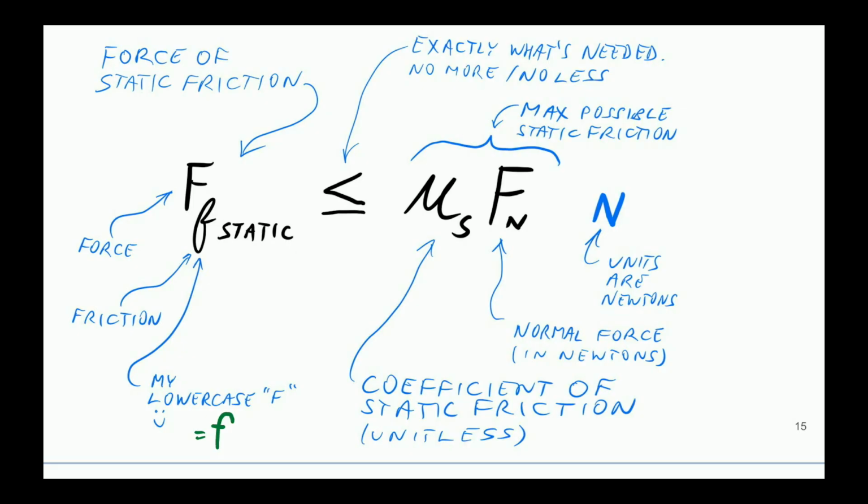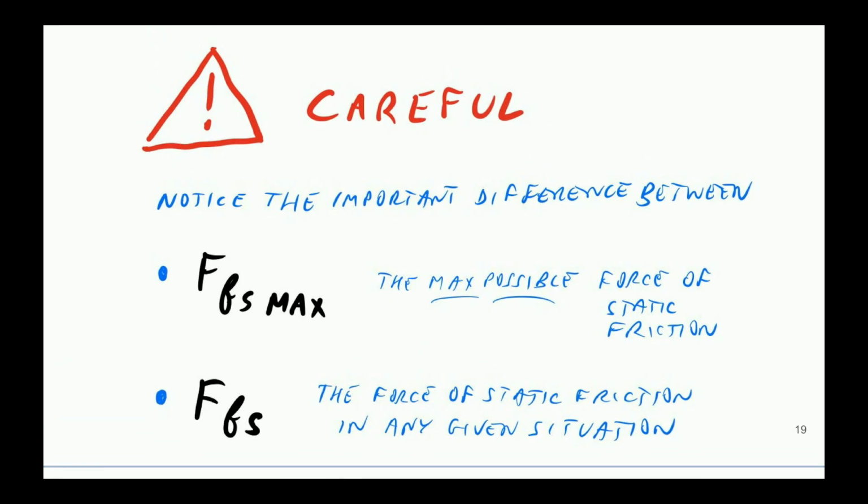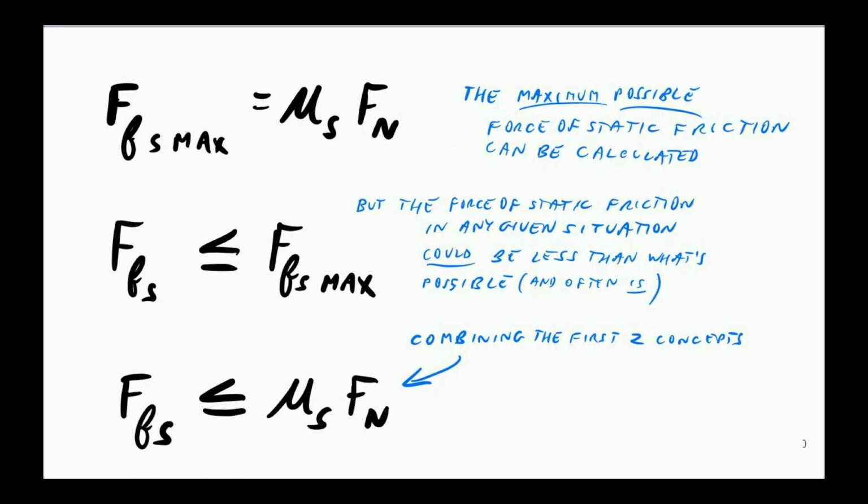The less than or equal to has a definite meaning. Okay? So I remind you here in this slide, this is just what I said, it's that the maximum possible is different than the force of static friction in any given situation. Make sure you're clear on that. The following equations follow. I'll let you look at those for a minute.